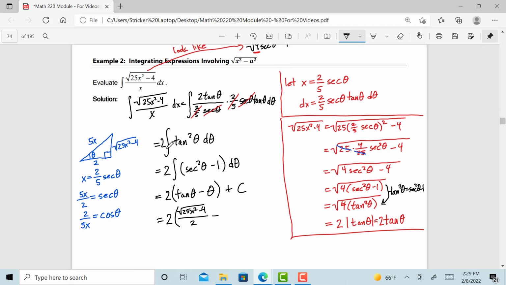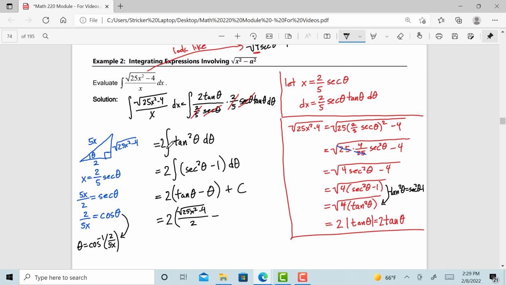And we need to do some pre-calculus for that. Rather than working off that first line, why don't we just work right off this line right here, right? So if we solve that for theta, theta is equal to the inverse cosine of 2 over 5x.